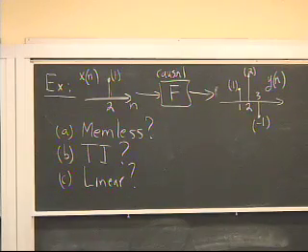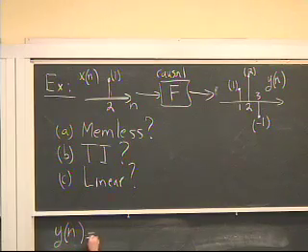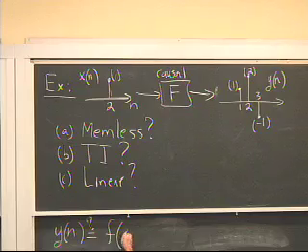Here's one of the tests that we gave you. Can you find two values of the input signal that are equal, but the corresponding output values are not equal? Remember, we said this system is memoryless if y of n can be written as some function of x at n.